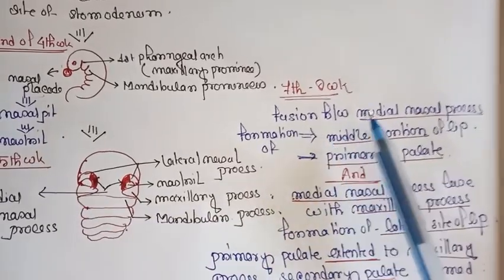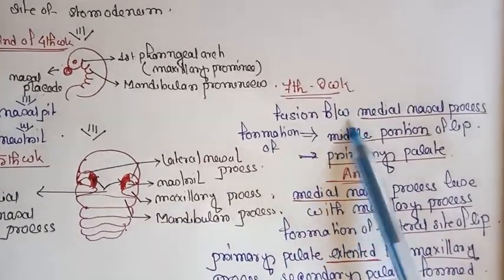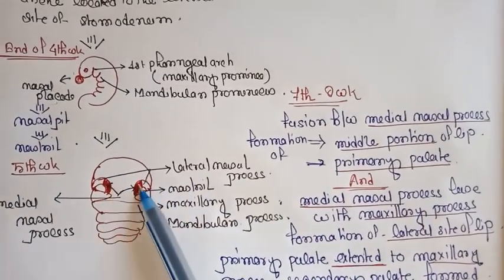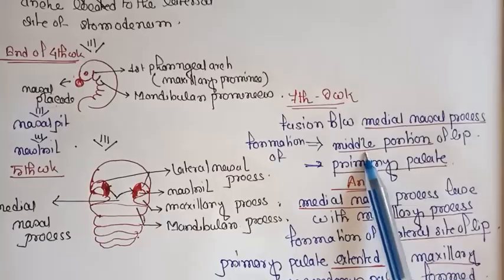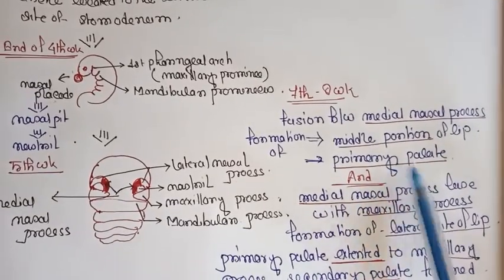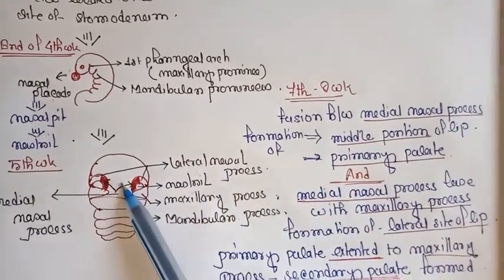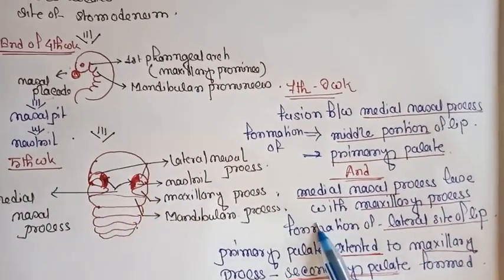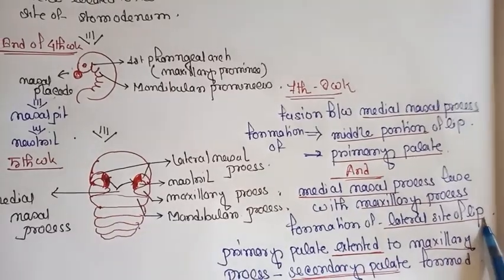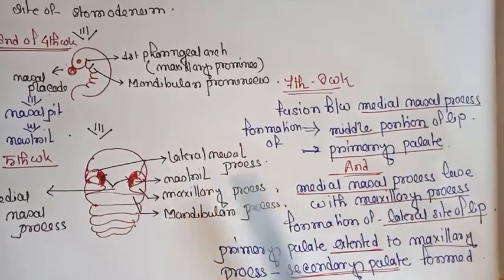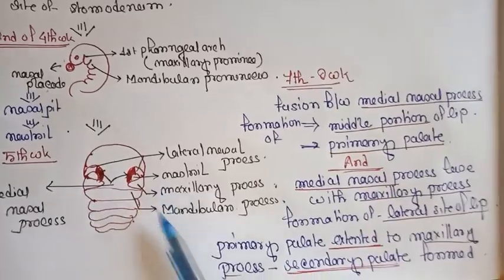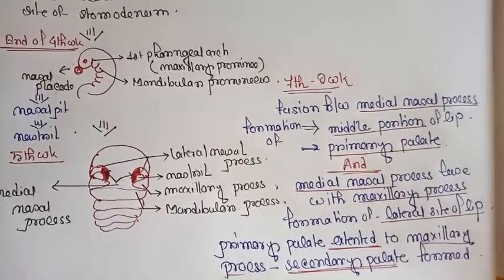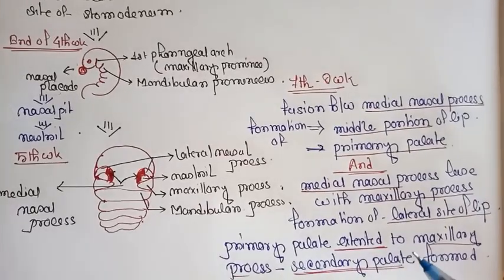During the 7 to 8 weeks of gestation, fusion between the medial nasal processes forms the middle portion of the lip and primary palate. When the medial nasal process also fuses with the maxillary process, what is formed? The lateral side of the lip. And when the primary palate extends to the maxillary process, the secondary palate is formed. This is the normal formation process of the lip and palate.